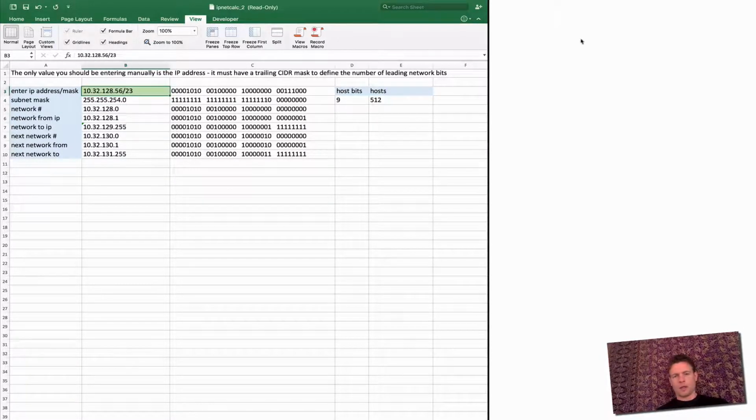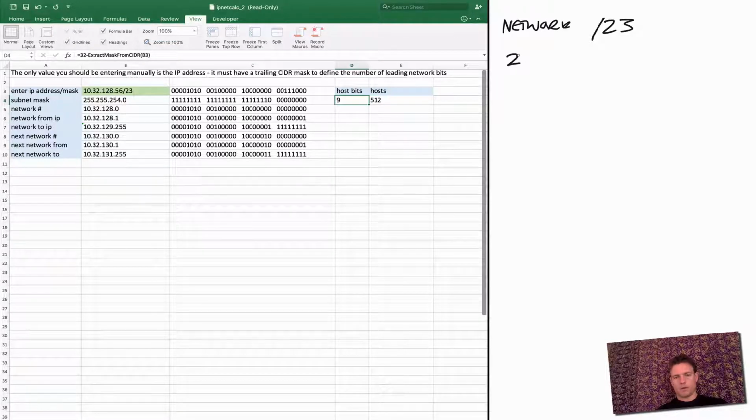So it was basically a network which was a /23 overall network, which meant now we have 9 bits for the host, and we're using 23 bits for the network number, right?